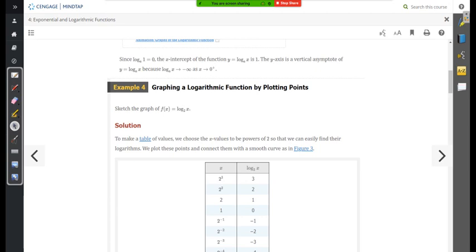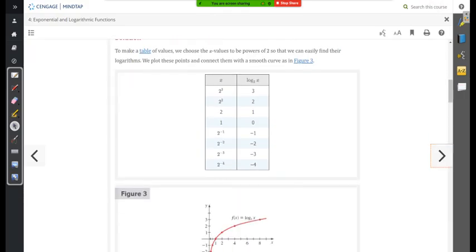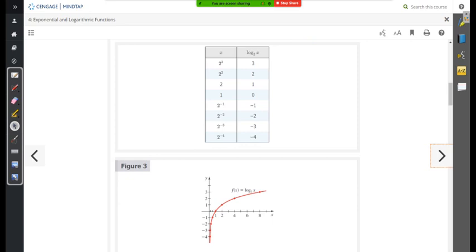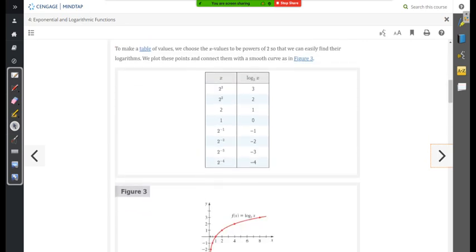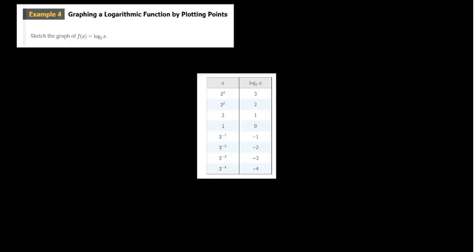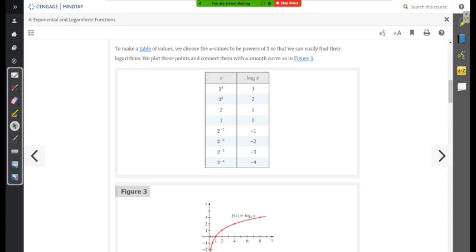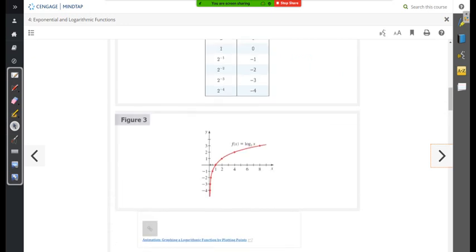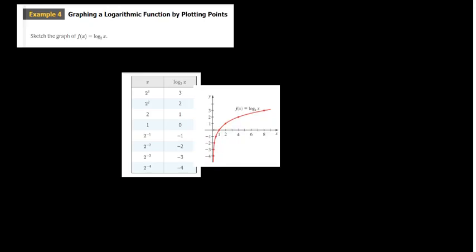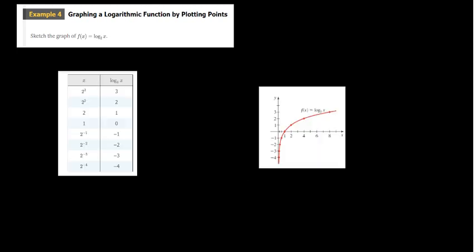Okay, so this is just a sketch-the-graph kind of thing. So the first thing we're going to do is go back to 6th grade and make a table. Actually, I can probably put both of these on here. We'll make a table, and then we will plot those points. But obviously we know better.